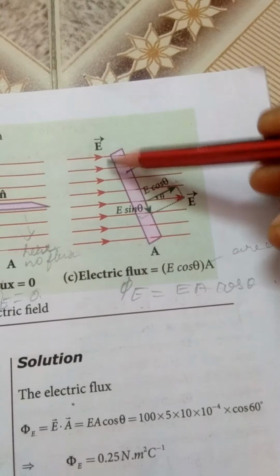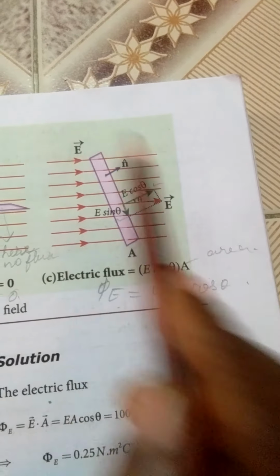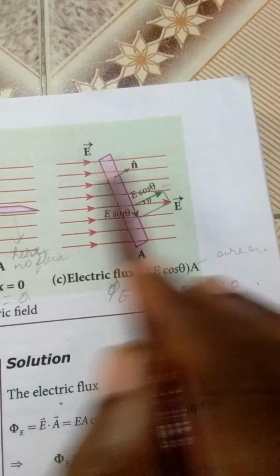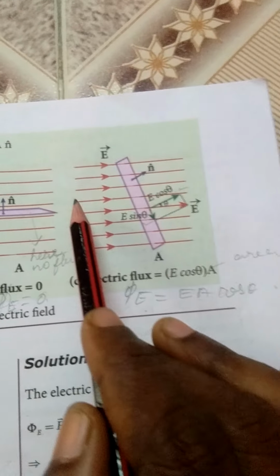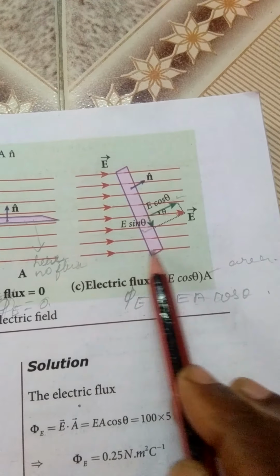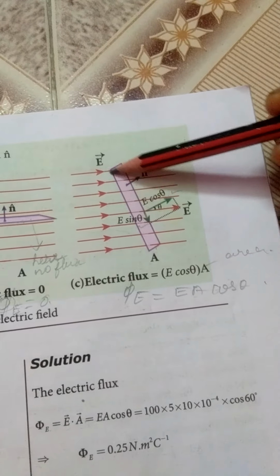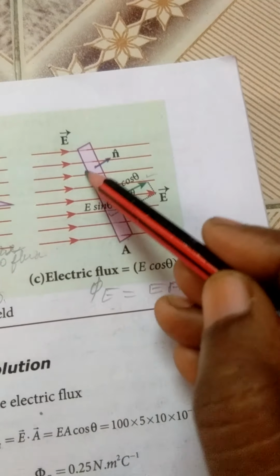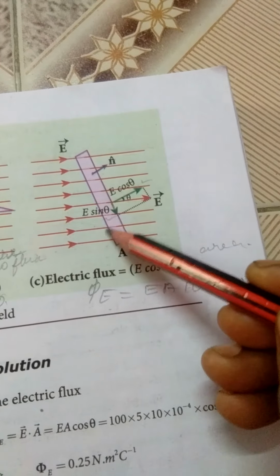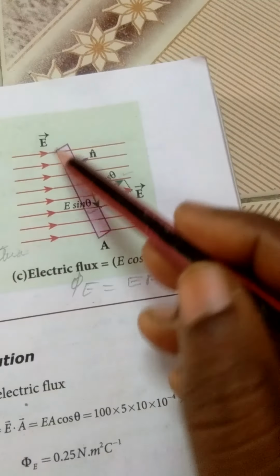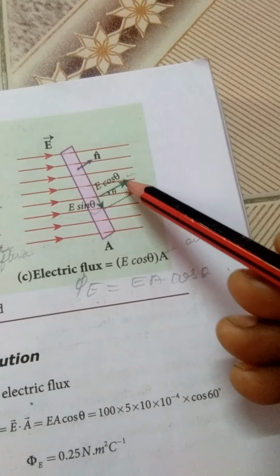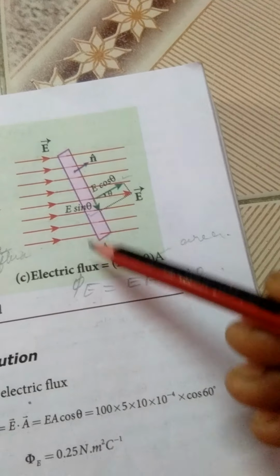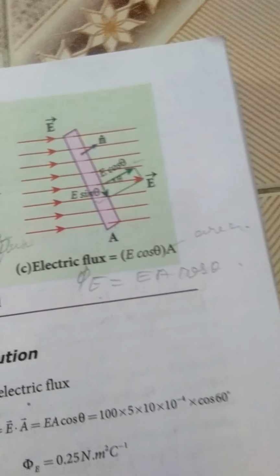Now next, the third diagram. I am taking a uniform electrical field and I kept one plate. You see this side and this side moving through the electrical field. So 1, 2, 3, 4, 5, 6, 7, 8, 8 lines are crossing the area.